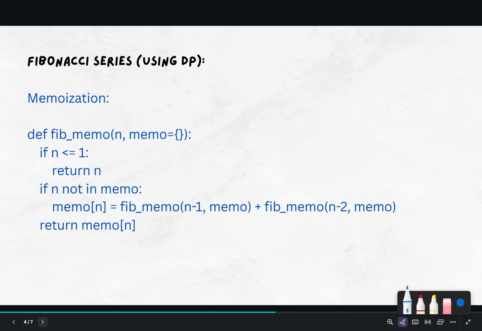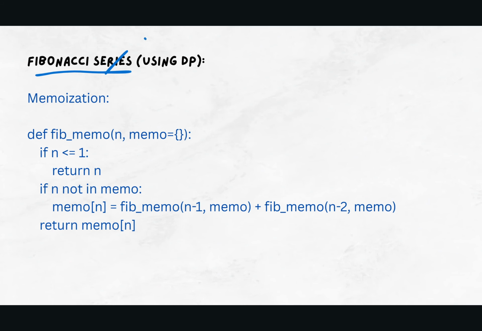Okay, so let's see the same example of Fibonacci sequence, which it is called a sequence if we need to be precise as per mathematics. Okay, so if we are solving Fibonacci sequence using DP by memoization, so this is how we will do it.